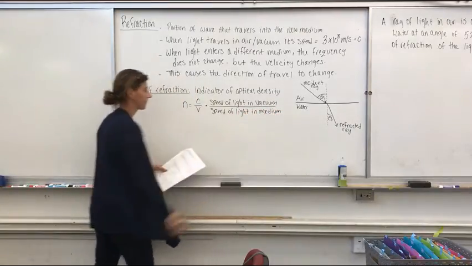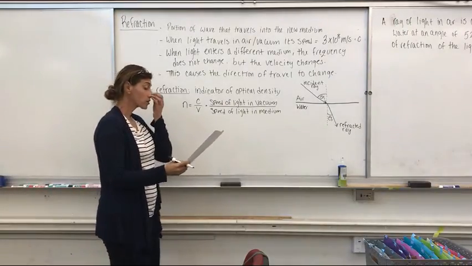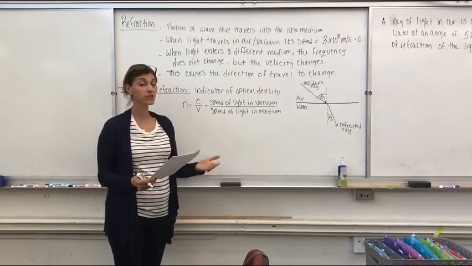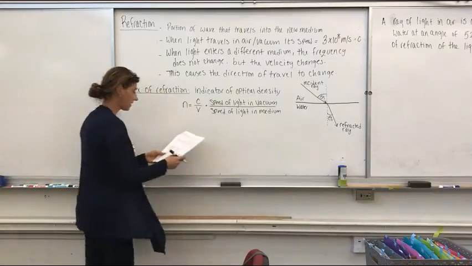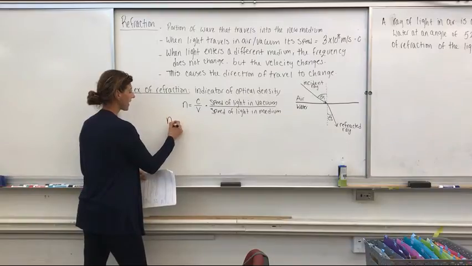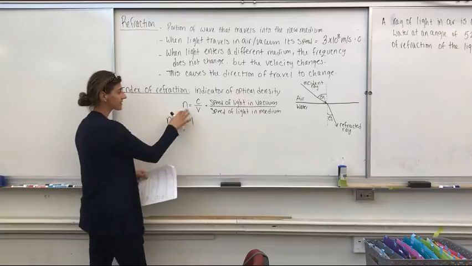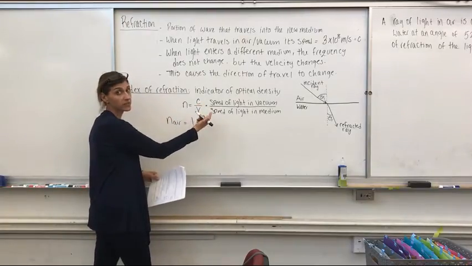There are two values that you should just know off the top of your head, and as you do these practice problems, you'll learn that you won't ever forget them. The n for air is always equal to 1. And this n is unitless because you've got meters per second here and meters per second here, which cancel.